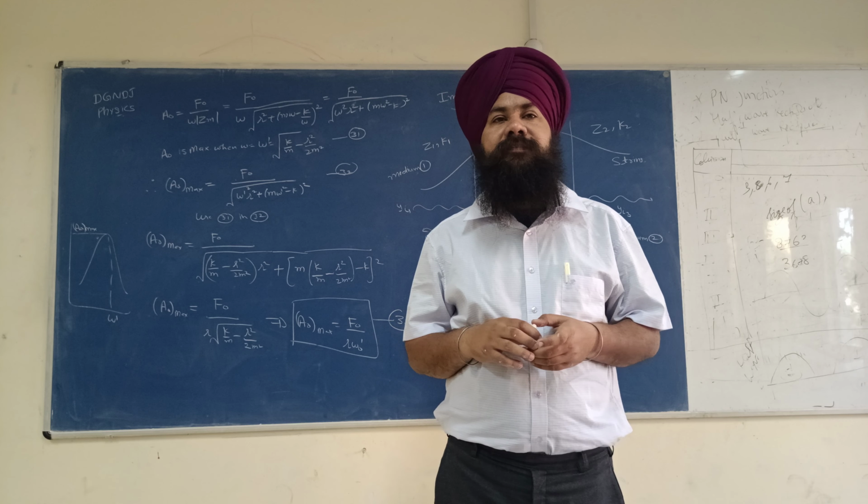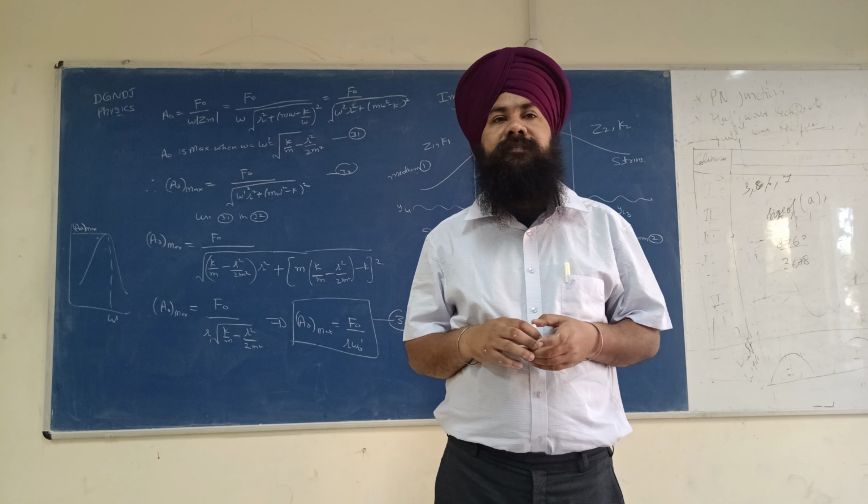Sometimes the examiner can ask what is the maximum amplitude of the forced oscillator. Are you getting the point? This is the maximum amplitude, corresponding to the frequency omega prime, and that is what we can calculate.